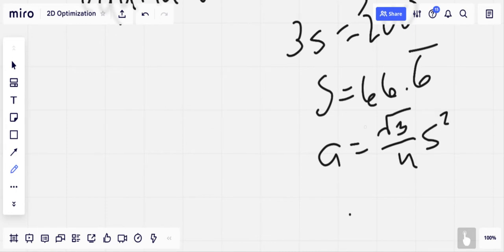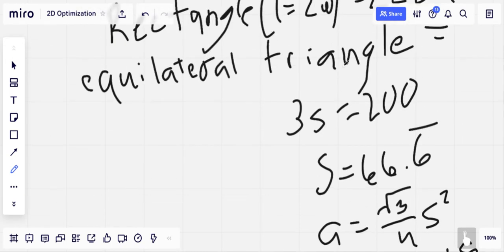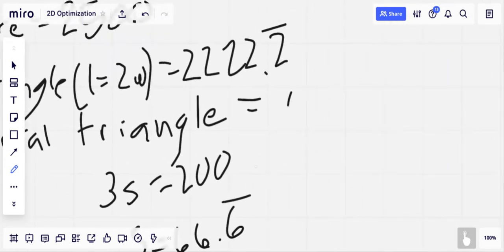So we square 66.6 repeating to get 4,444 repeating, and then multiply that by the square root of 3 divided by 4, which is equal to 0.433, and that multiplied by s squared would give us 1924.5.